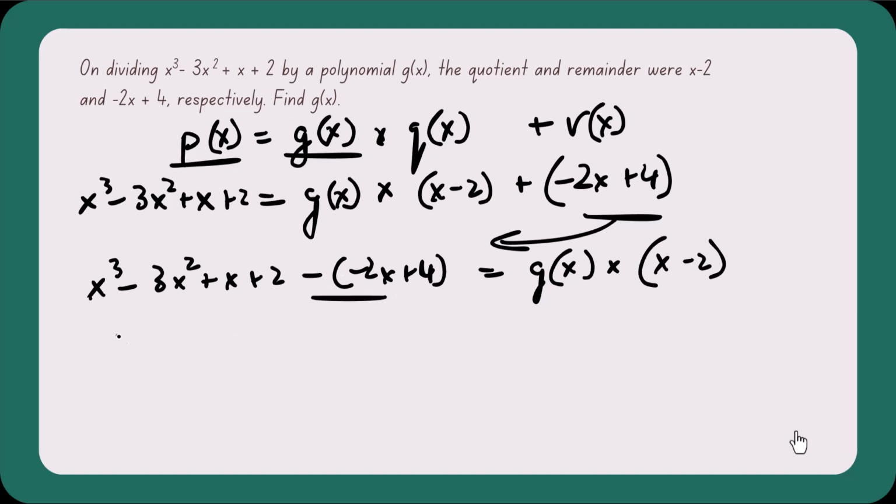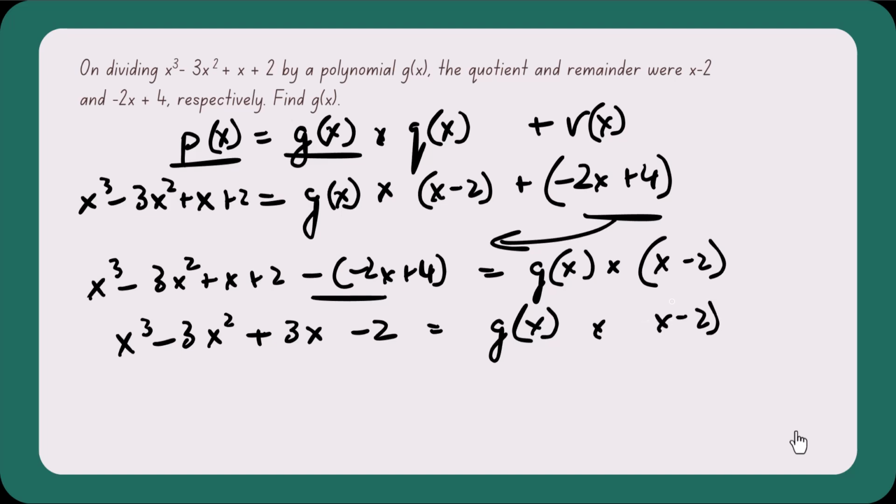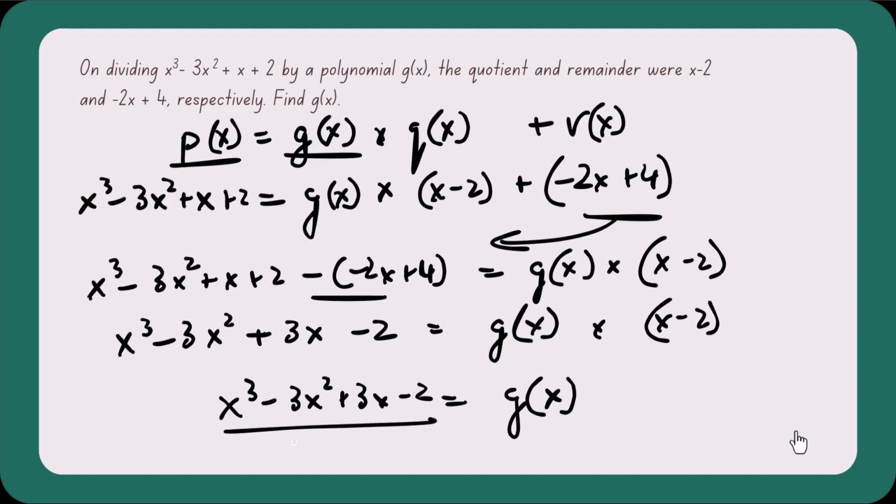So it will become x cube minus 3x square plus, x plus 2x is 3x, so plus 3x, right? Then we have 2 and minus 4, which will become minus 2, which is equal to g of x into x minus 2, right? Now what is g of x? g of x is equal to x cube minus 3x square plus 3x minus 2 divided by x minus 2.